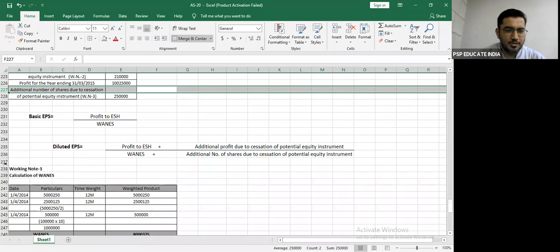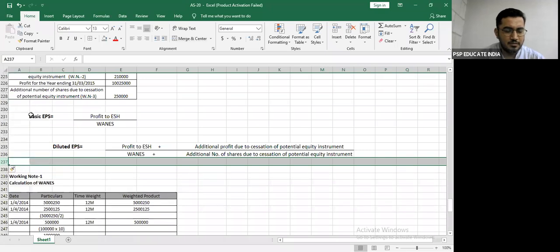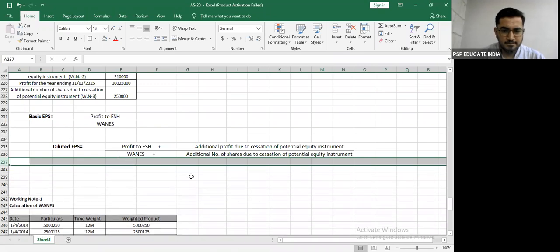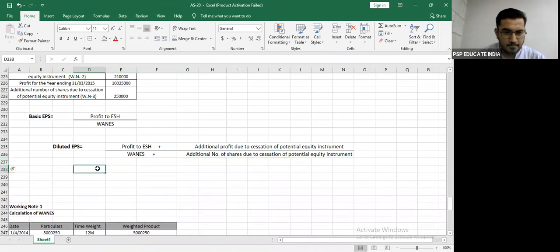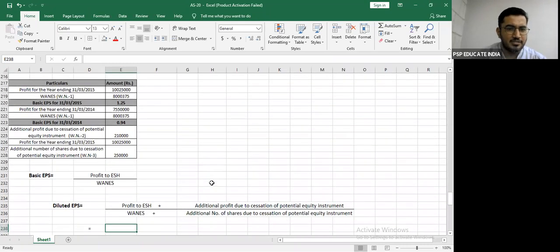Let's now substitute the values. Tell me, what's your profit to equity shareholders? In the question, your profit to equity shareholders is 1,00,25,000 plus additional profit due to cessation of potential equity instrument, how much? 2,10,000.